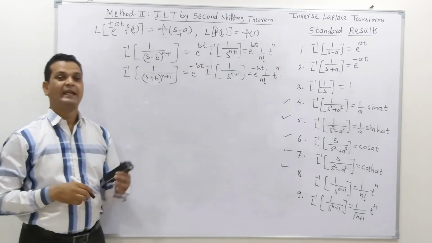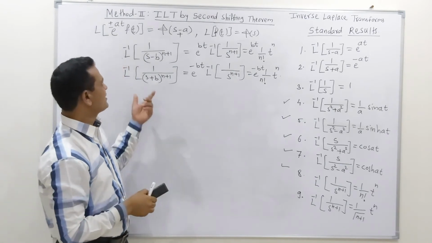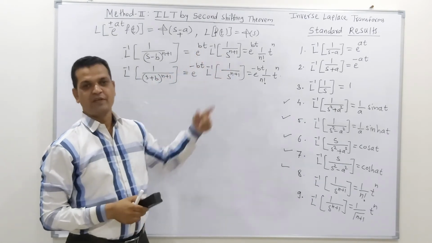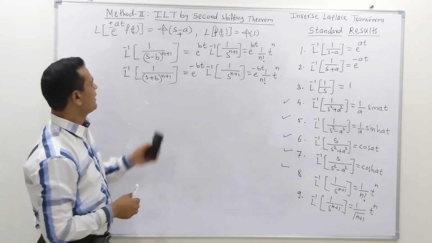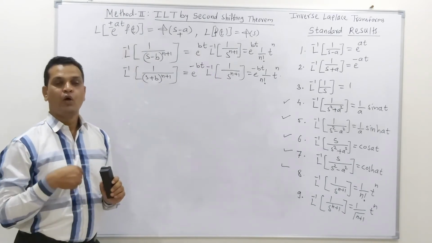In this way we can easily apply the concept of inverse Laplace transformation by the second shifting theorem. So this is all about the theory part related to this method number 2.